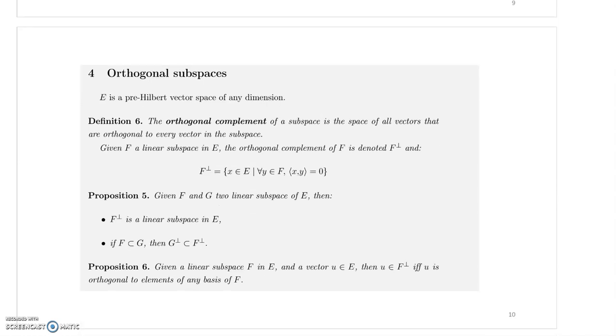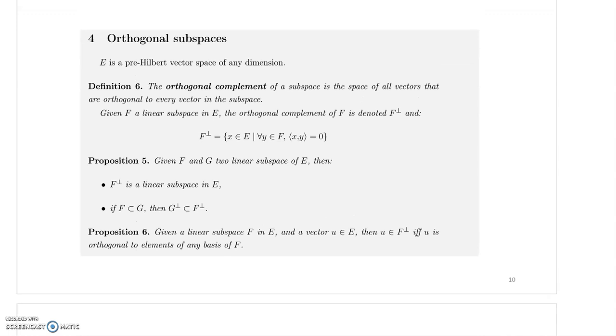Okay, so orthogonal subspaces. If E is a pre-Hilbert vector space of any dimension, I remind you that a pre-Hilbertian space just means a linear space where we can define a correct inner product. So we know that we have a well-defined inner product on the space. First we have a definition, the orthogonal complement of a subspace.